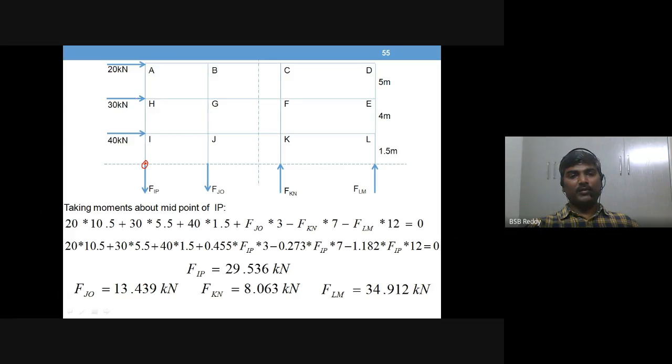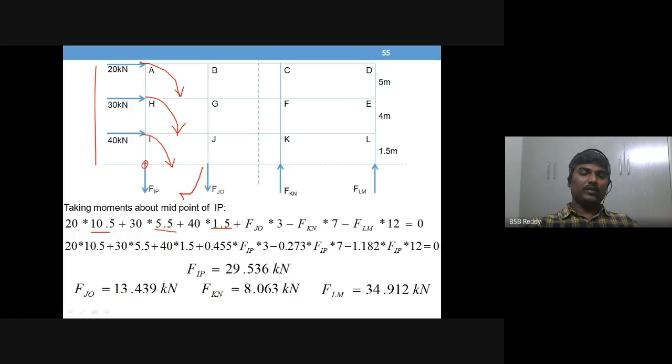And now write the moments. So 20 into the perpendicular distance, 5 plus 4 plus 1.5, 10.5. Then 30 into 4 plus 1.5. Then 40 into 1.5.